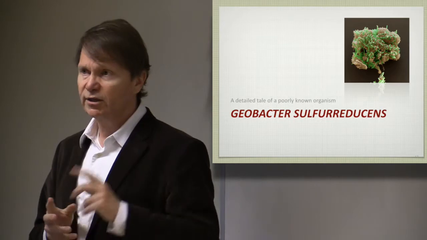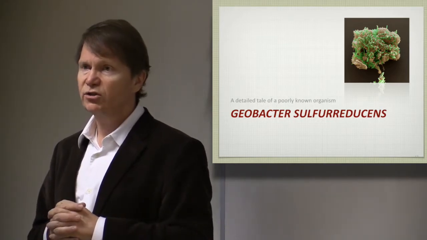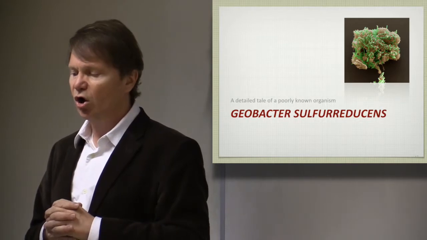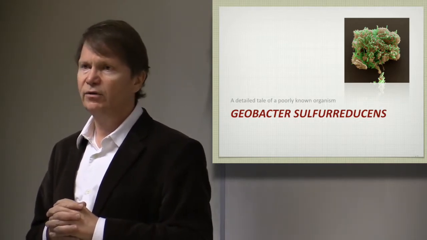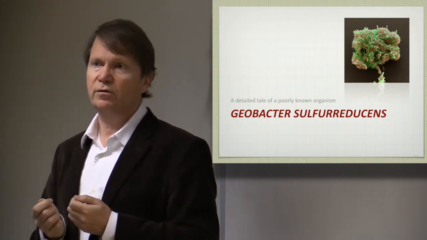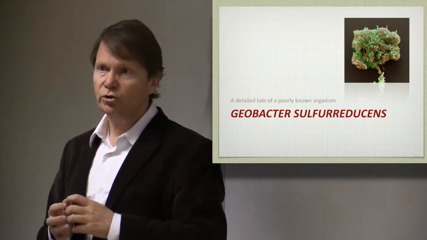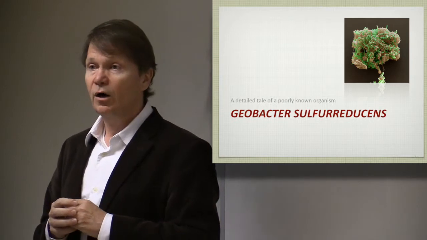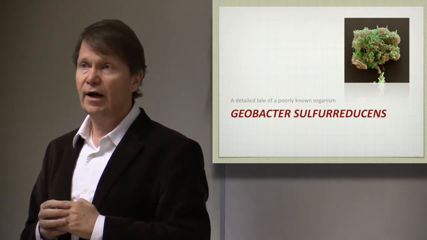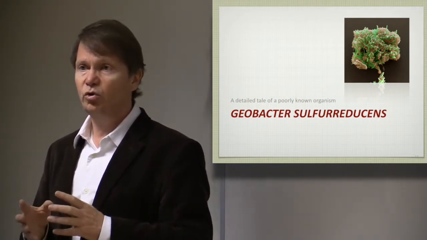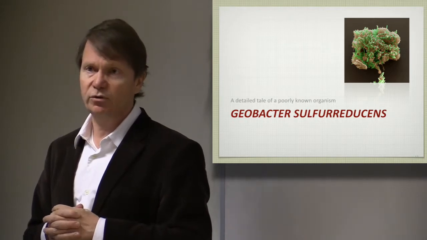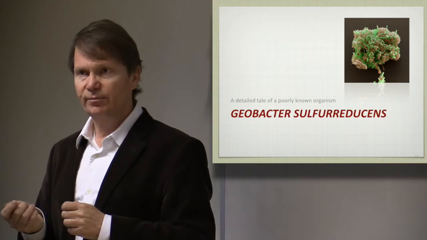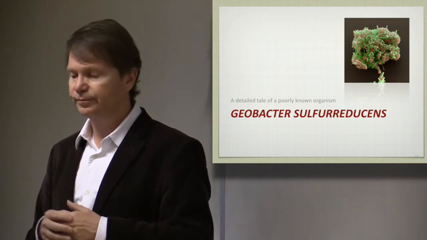So this is an organism colored in green in this image shown over there, and colored in pink in the background are iron particles. So it turns out, as I'll talk more about in a minute, that this organism has a very unusual ability to use electron acceptors. It can actually make iron accept electrons and reduce iron.